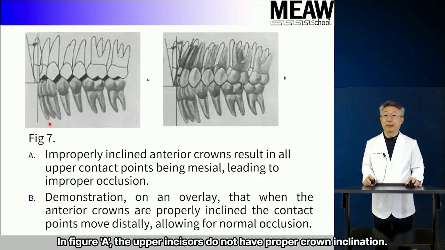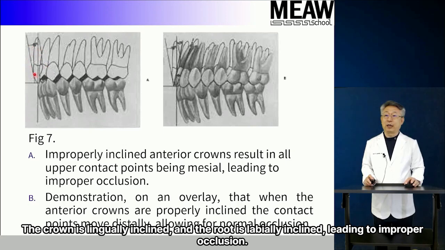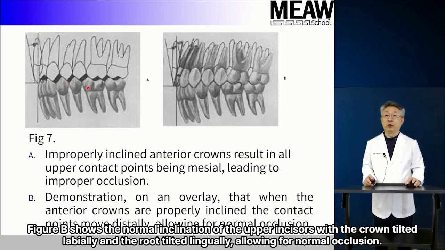In Figure A, the upper incisors do not have proper crown inclination. The crown is lingually inclined, and the root is labially inclined, leading to improper occlusion. Figure B shows the normal inclination of the upper incisors, with the crown tilted labially and the root tilted lingually, allowing for normal occlusion.